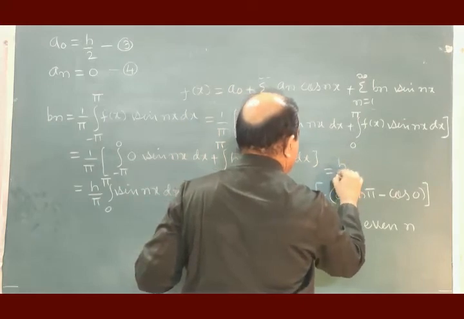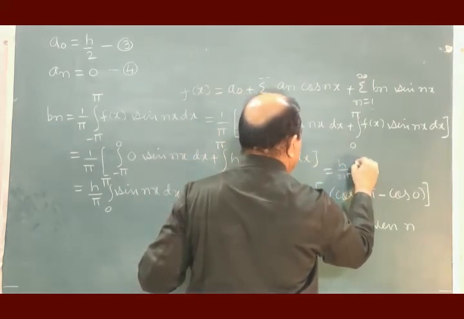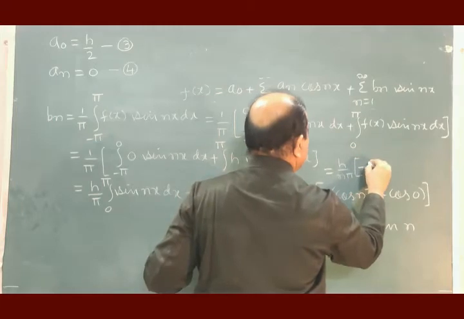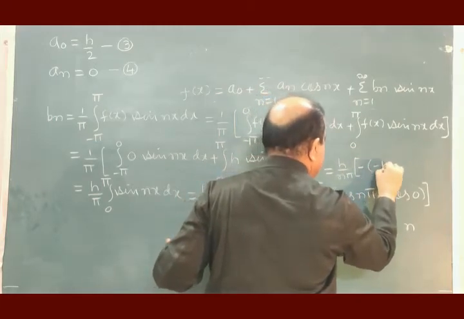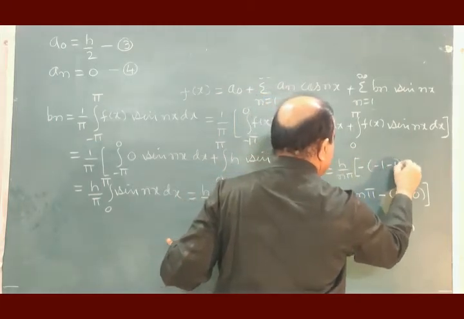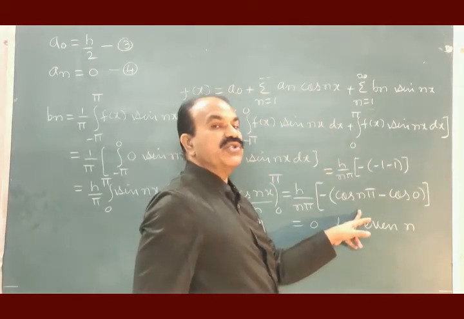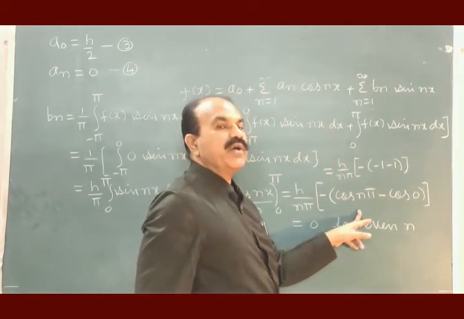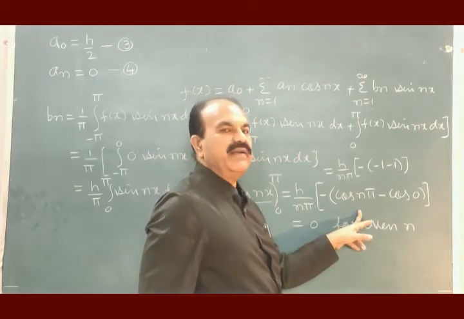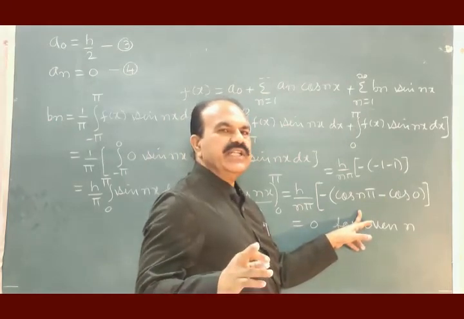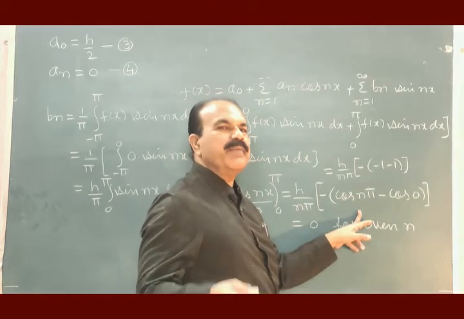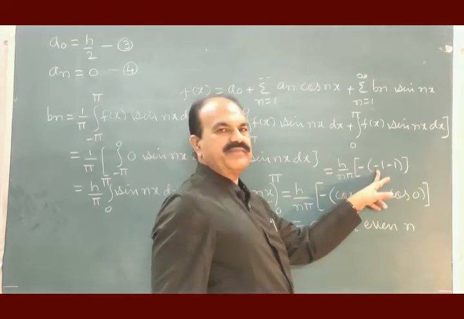So, this will be equal to h divided by n pi into minus 1 minus 1. Cos 1 pi, cos 3 pi, cos 5 pi, cos 7 pi, cos odd integral multiple of pi is minus 1.